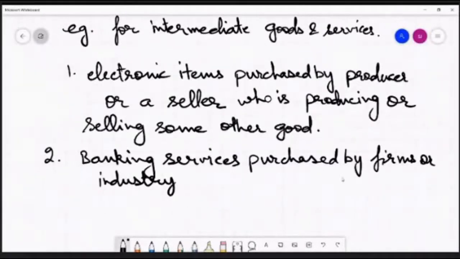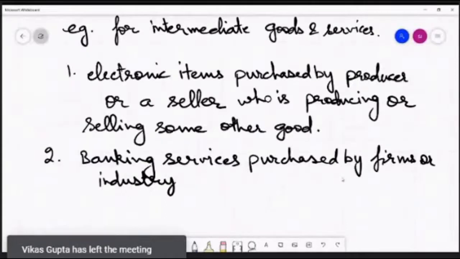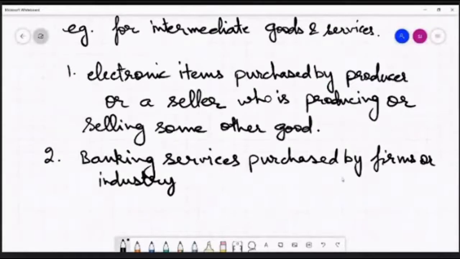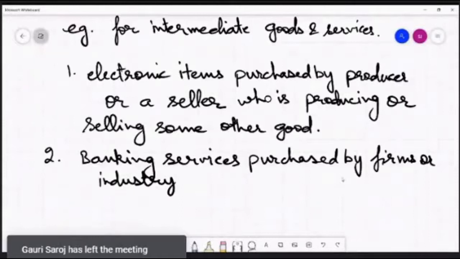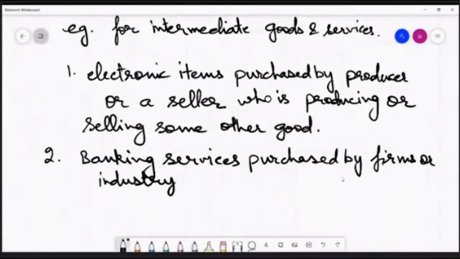Good or service which is final for one producer or a firm may be an intermediate good or service for another firm. Okay, for a firm producing electronic goods, those goods are the final goods. But for chemical firms, electronic items are the intermediate goods. Okay, so you are calculating the output for electronic firms separately and chemical firms separately. So maybe there is a chance of double counting.